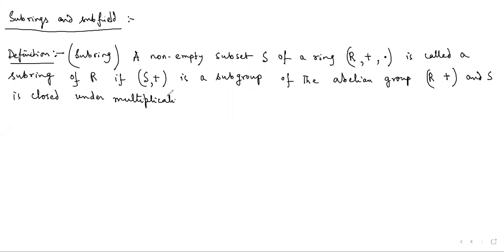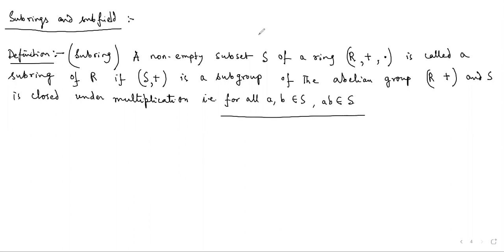That is, for all a, b belonging to S, ab belonging to S. This is the definition of subring.